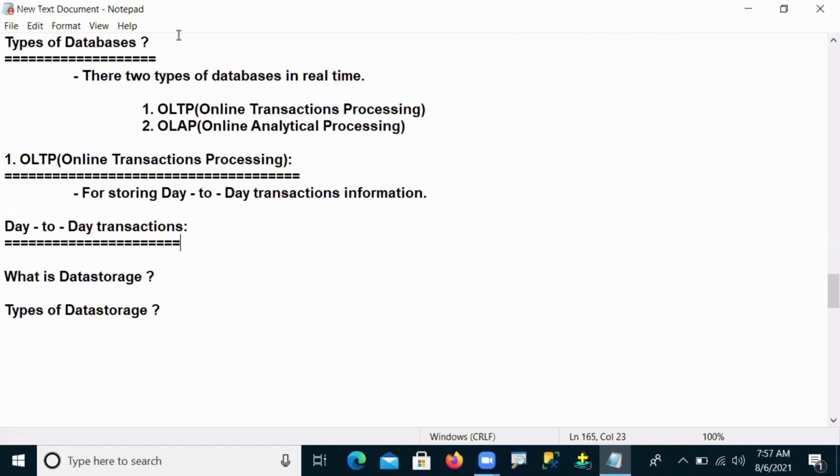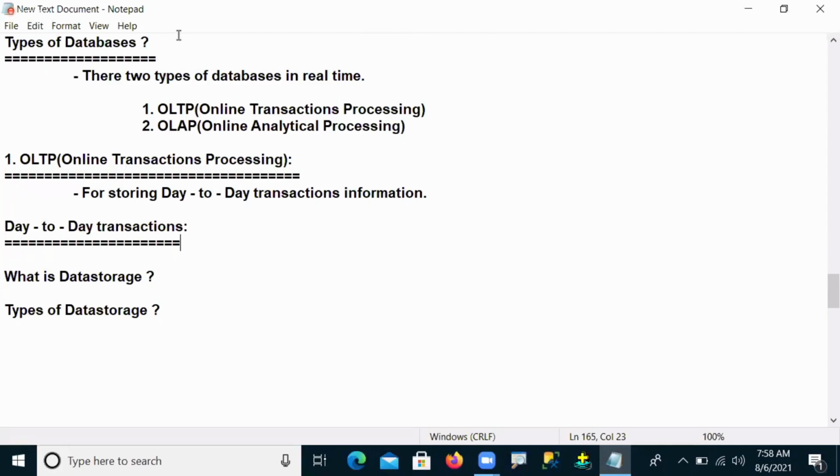After a transaction either succeeds or fails, you will get some message or not? Yes, definitely we get some message, right?